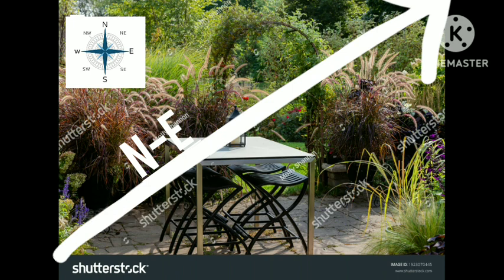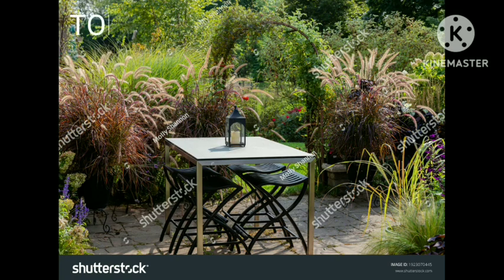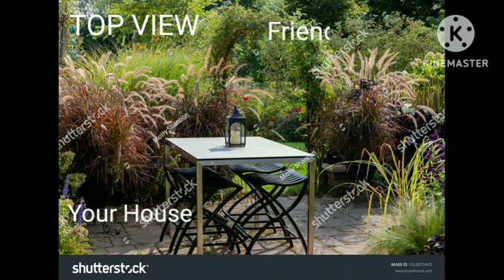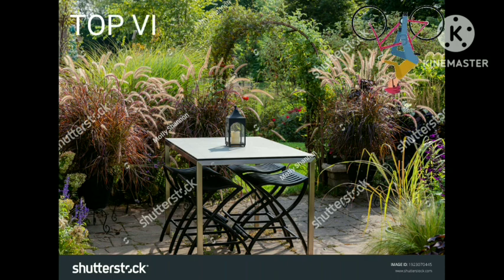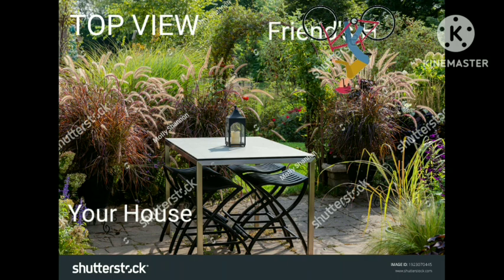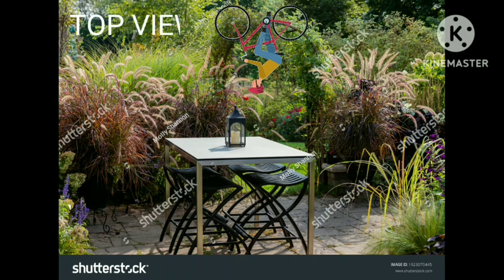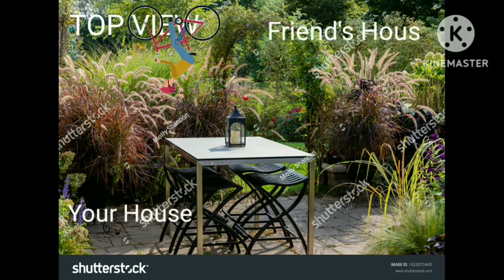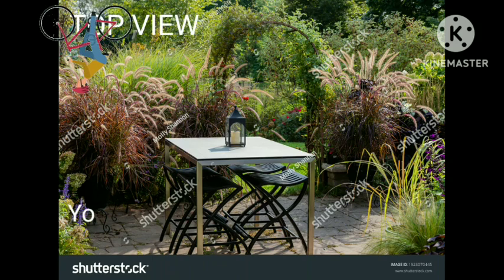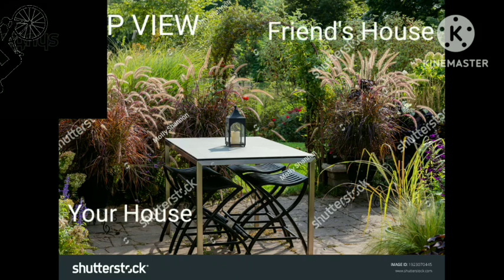Now let us see, you came back from your friend's house using this path. But this time you didn't walk but came back really fast by bicycle. What is the total distance traveled by you for your entire journey, that is from your house to your friend's house and back?